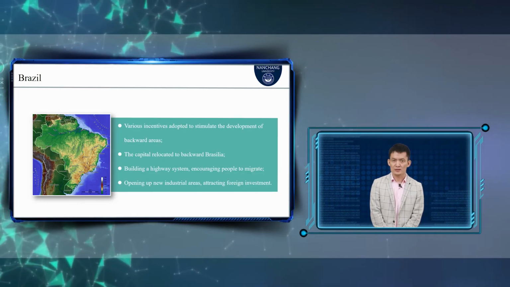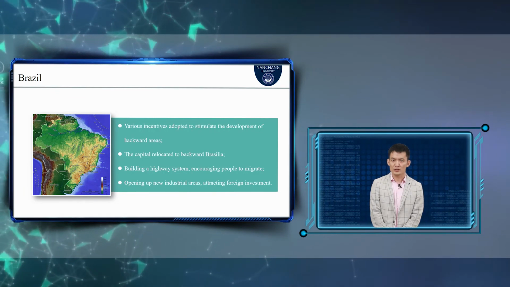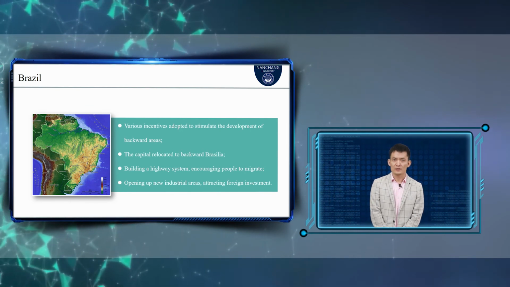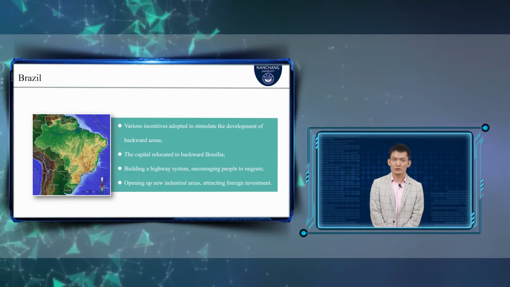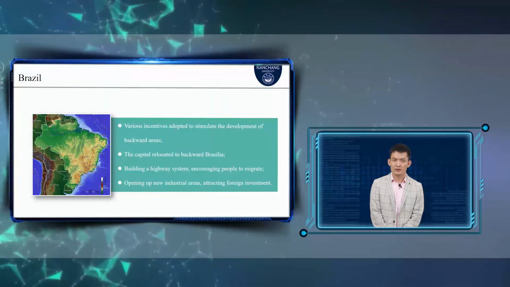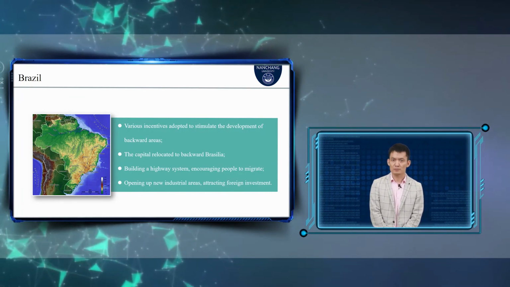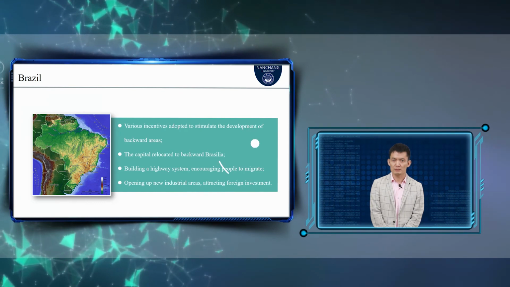With the support of government policies, the Manaus Free Port, located in the middle of the Amazon River, has become the largest special economic zone in Brazil, and even in the world. It is used as a growth pole and a radial center to boost the economic development of central and western Brazil, effectively driving the economic development of the surrounding areas.